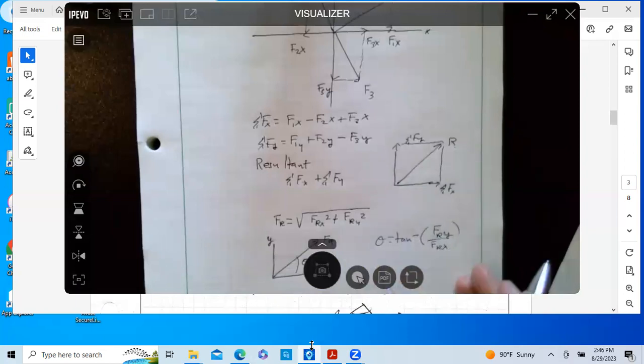And theta is always measured counterclockwise with respect to the x-axis.